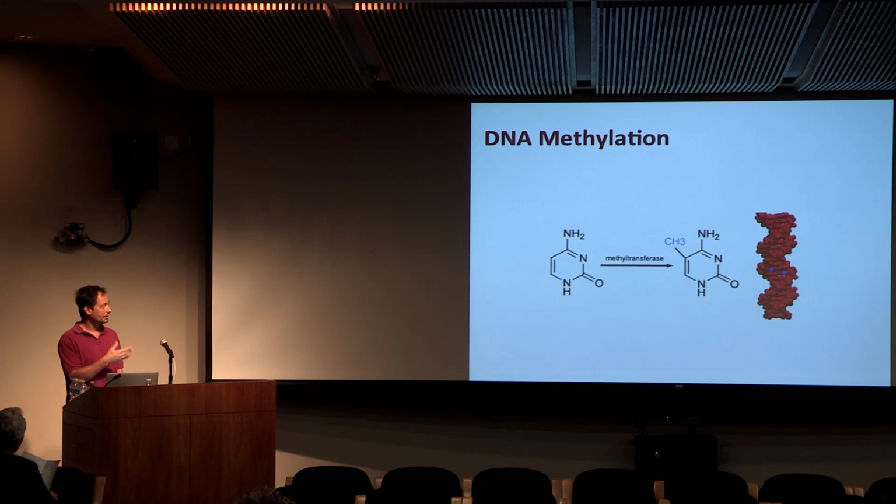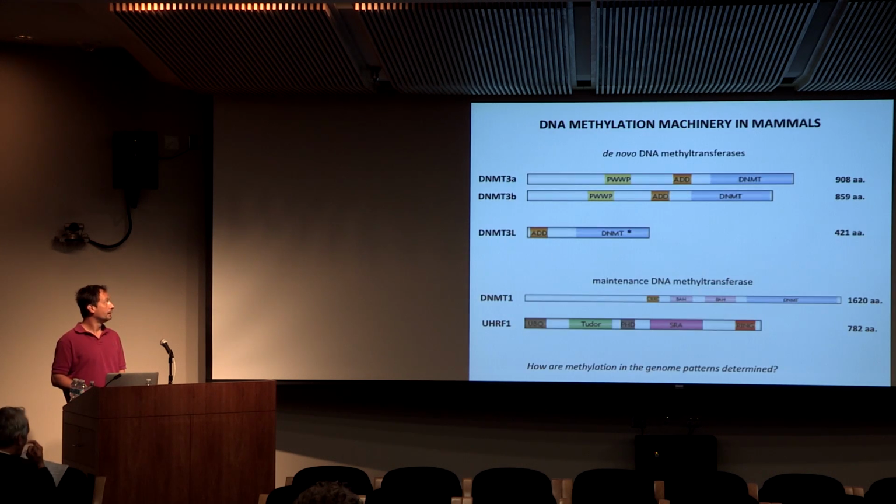It doesn't have a big effect on the structure of DNA, but it has a subtle effect. One can think of it as a mark on the DNA that tells you something about the state of the DNA and the state of the cell.